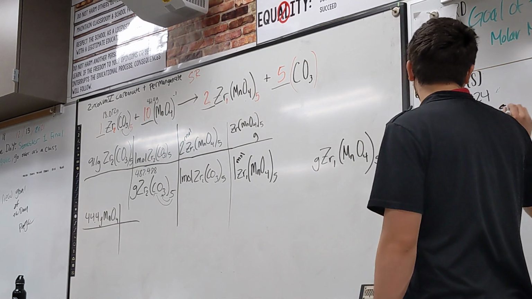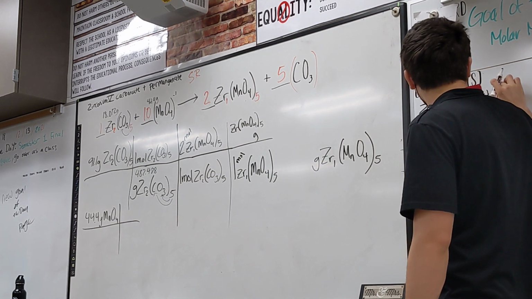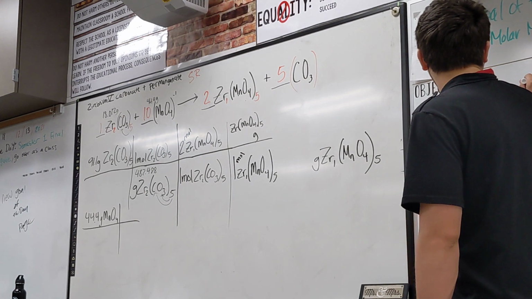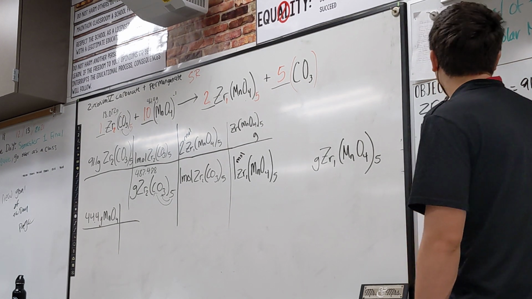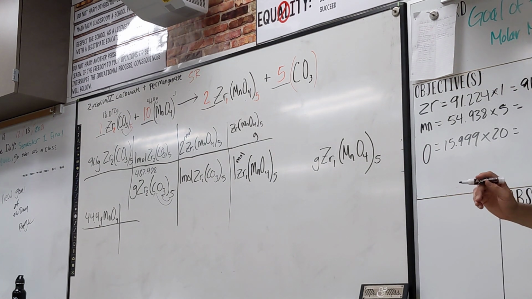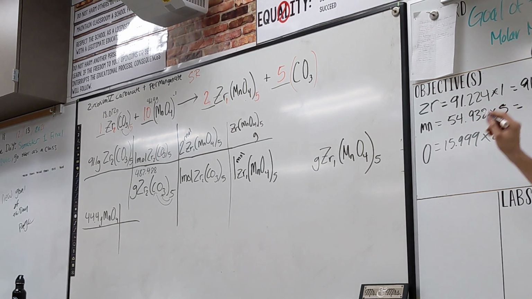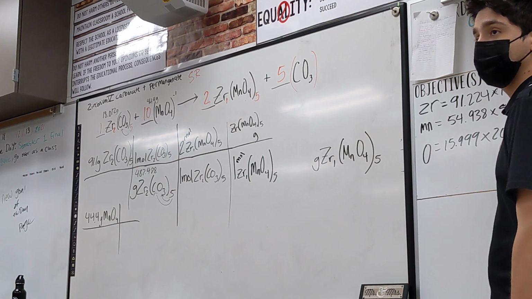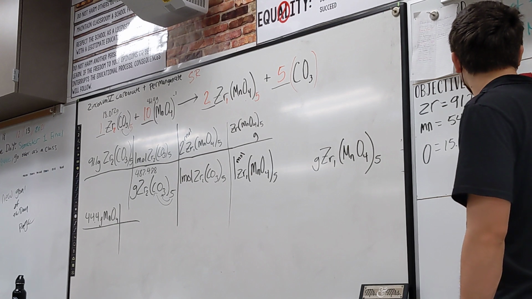So we end up with this times 1, so that's going to equal 91.224. And then 54.938 times 5. What's 54.938 times 5? It is 274.69.